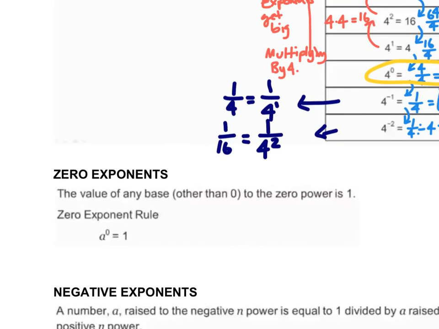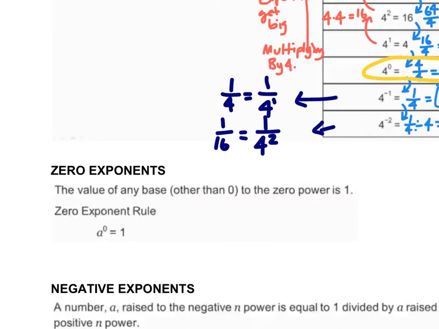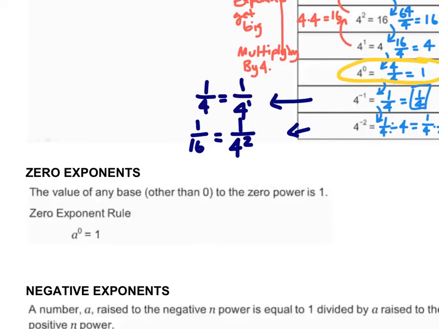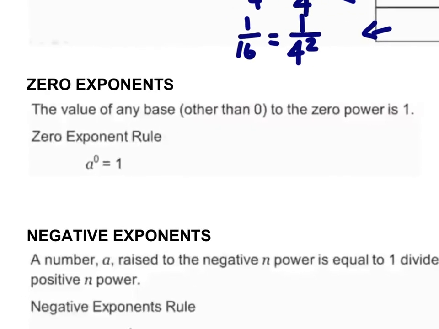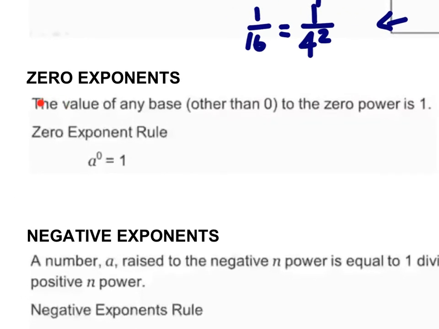If we apply the same concept to all other problems, anything raised to the 0 power is 1. We call this the zero exponent rule. The value of any base other than 0 raised to the 0 power is 1. So the zero exponent rule: some number a raised to the 0 power is 1.